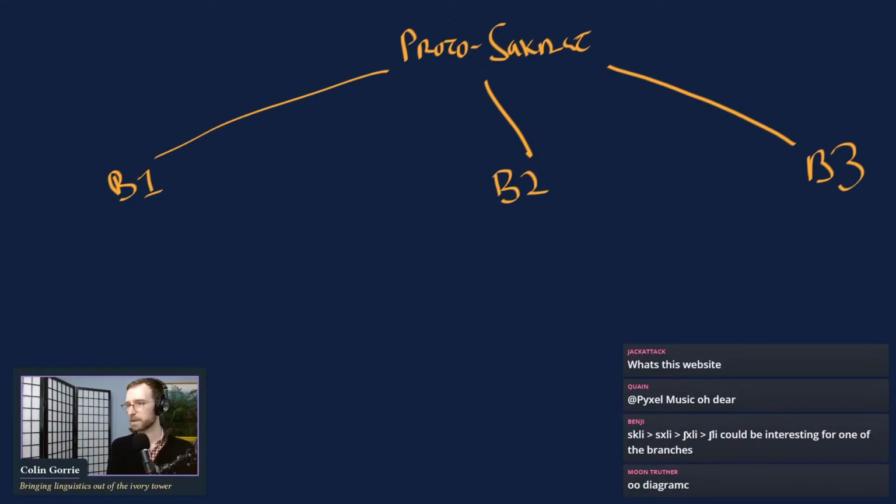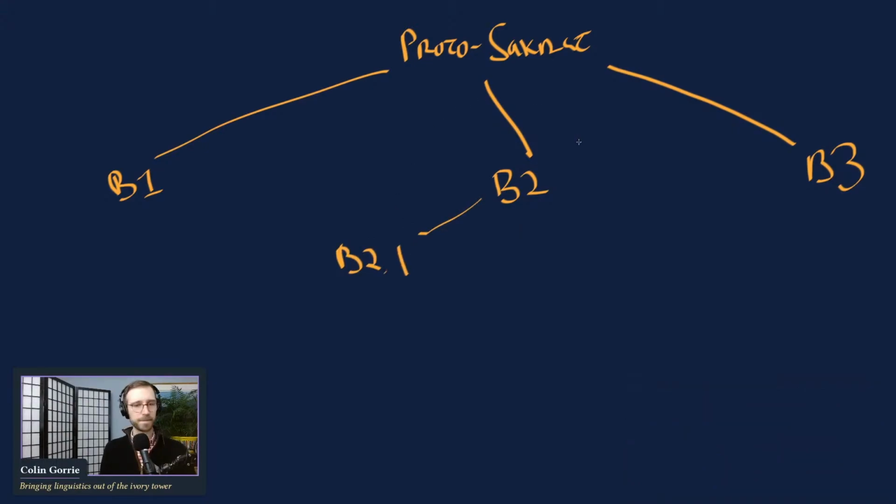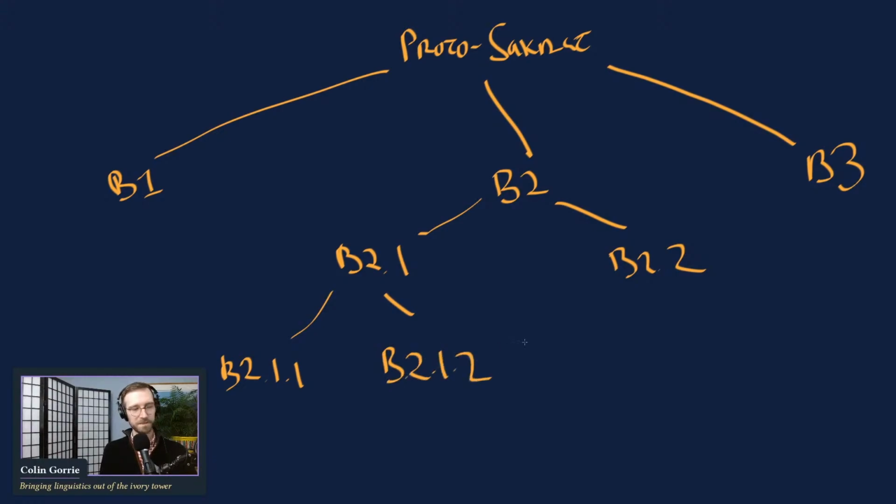Okay. So then what happens is branch 2 branches off into branch 2.1, and branch 2.2. And then 2.1 itself branches off into branch 2.1.1 and branch 2.1.2.